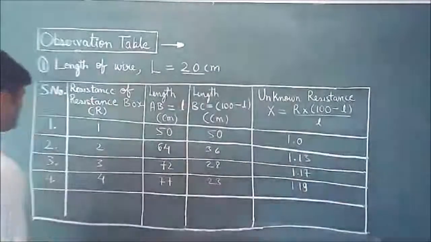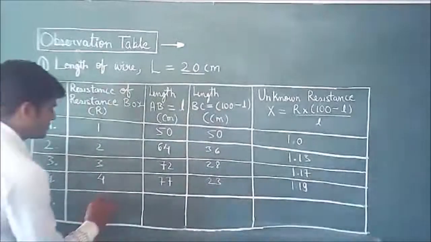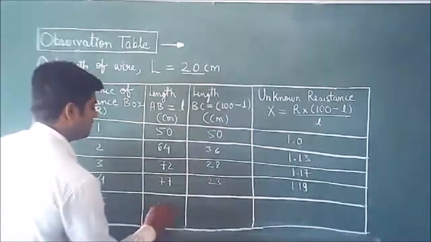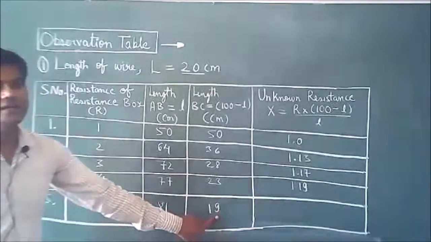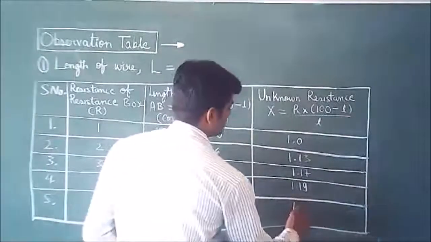And the last reading, fifth, the resistance box was at 5 ohm and L, the length at which we got the null point, was 81. 19 was 100 minus L. So 5 into 19 upon 81. We get approximately 1.17.